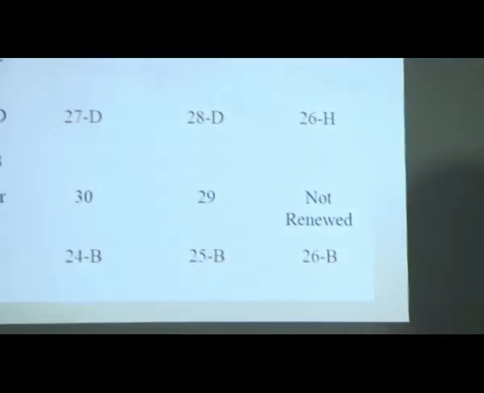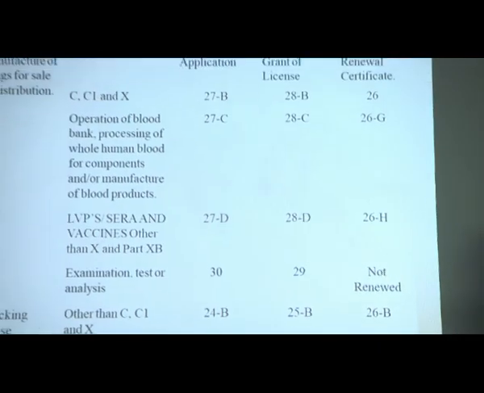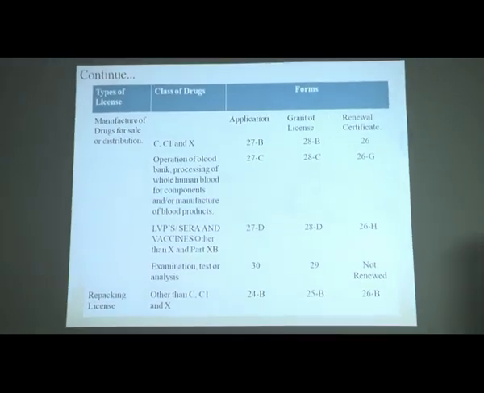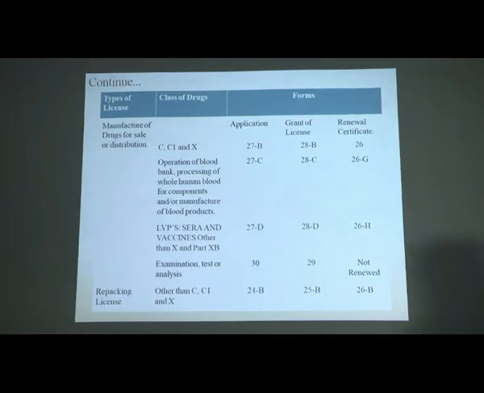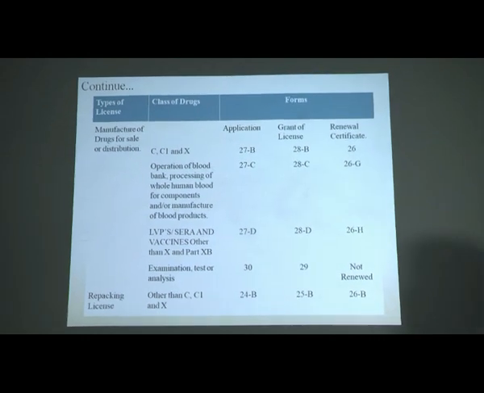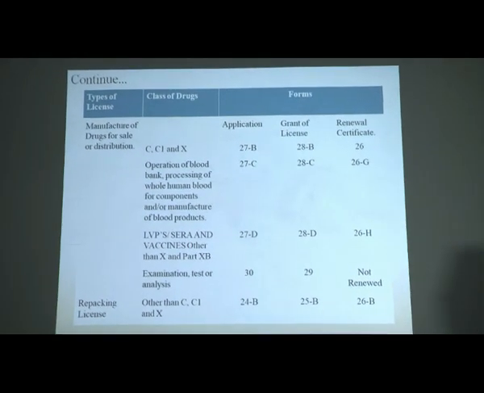Then for manufacturing of the drugs specified in Schedule C, C1 and X, as Schedule C is biological and special products, C1 is biological and other special products, and X is habit forming and psychotropic substances as well as such other substances, the applicant needs to apply in Form 27B, the grant of license will be in Form 28B, and the renewal certificate will be granted in Form 26.